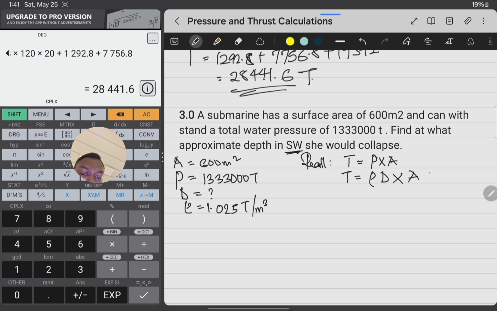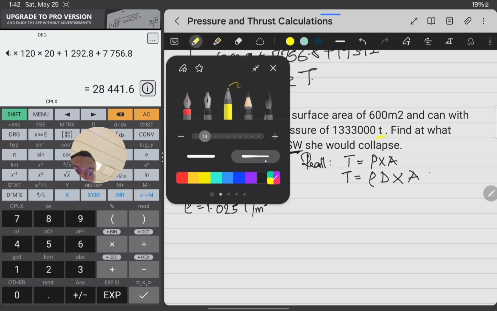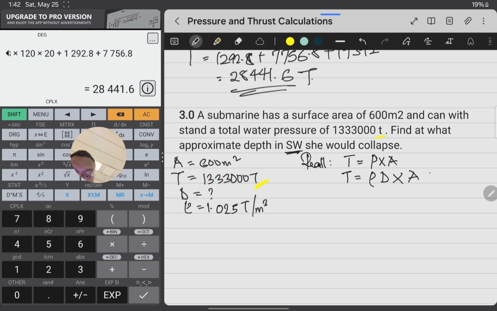Now, it's good to understand that this unit is in tons. So this parameter is not pressure, it's actually thrust, because the unit of thrust is tons. So we're going to substitute that value here. We have 1333000, density is 1.025.